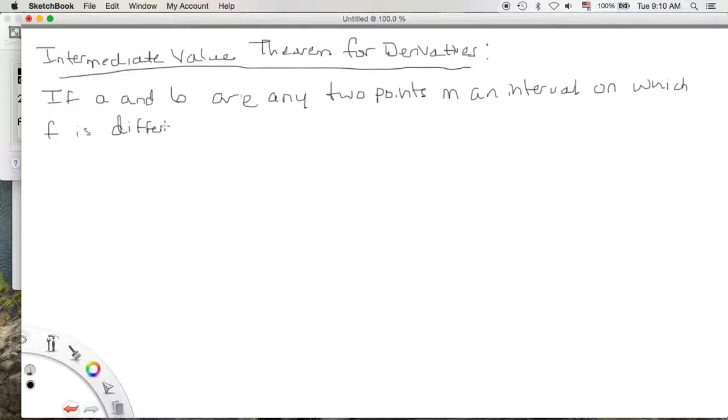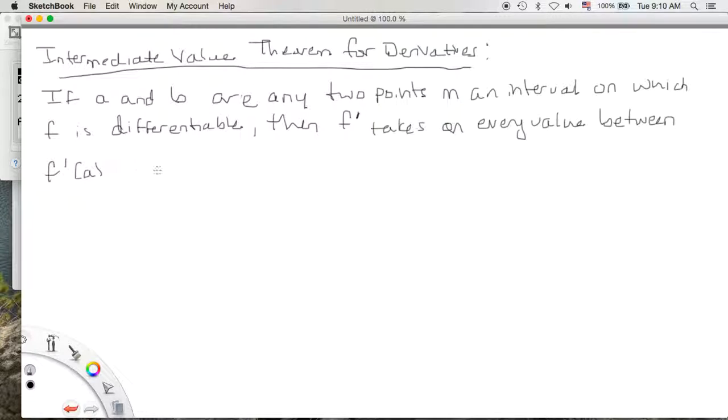Now that's important. It has to be differentiable on the whole interval. Then your derivative, f prime, takes on every value between the derivative at a and the derivative at b.